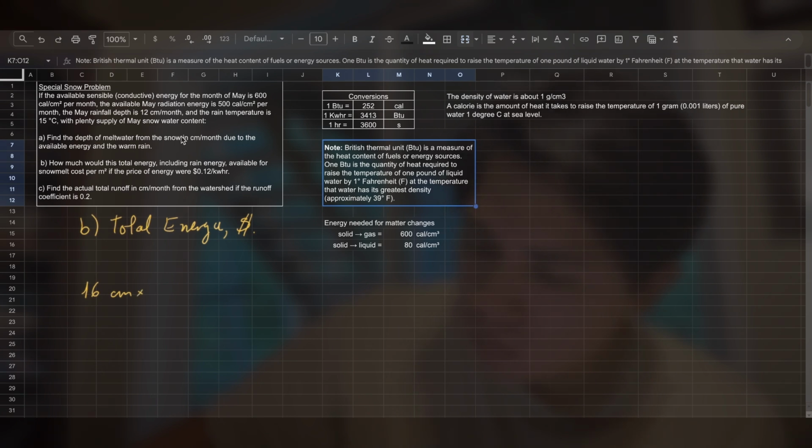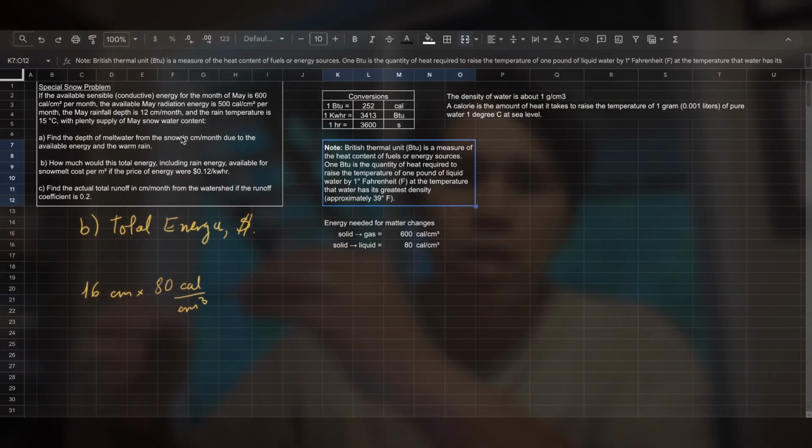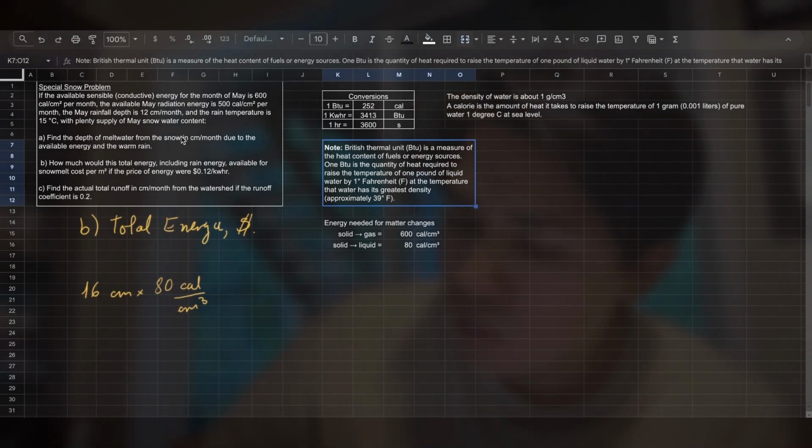Now we need to multiply this by 80 calories per cubic centimeter, because we want to go back. We went from energy into depth. Now we want to turn that depth back into energy, to see how much money that energy represents. So that's why we're multiplying by the energy needed.